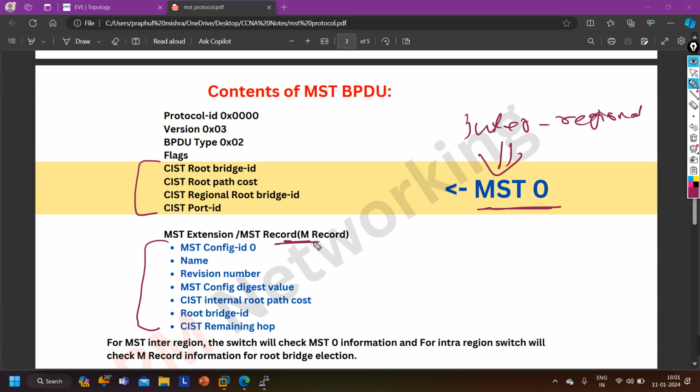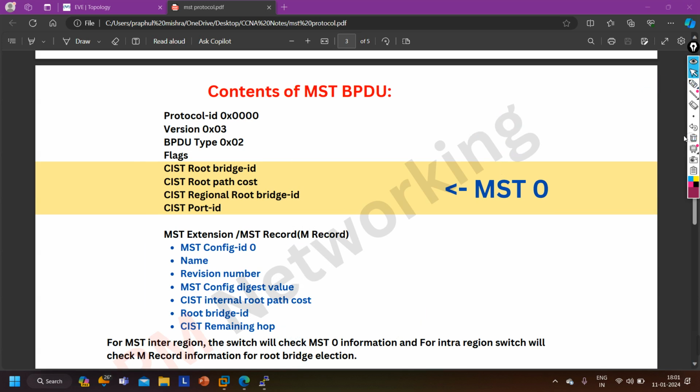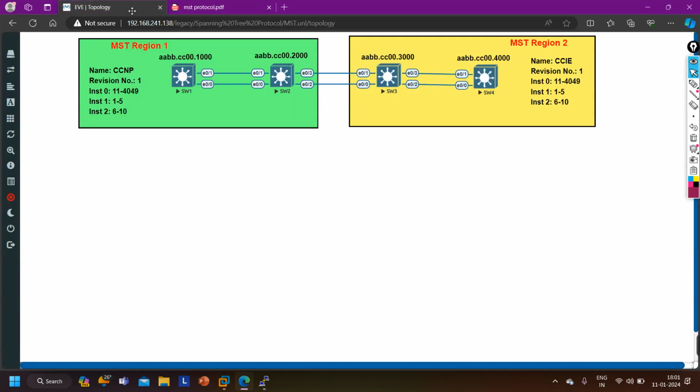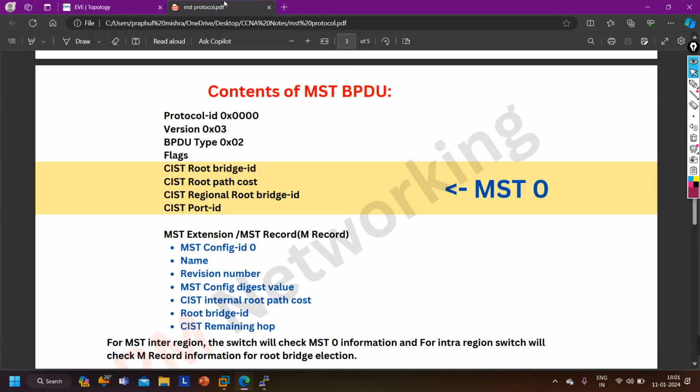Inside the M record there will be information of the extension MST instance 1 and MST instance 2, because in the topology you can see we have two extra instances, instance 1 and instance 2. So the information of instance 1 and instance 2 will be in the BPDU, in which field? In the M record field, in the MST extension.